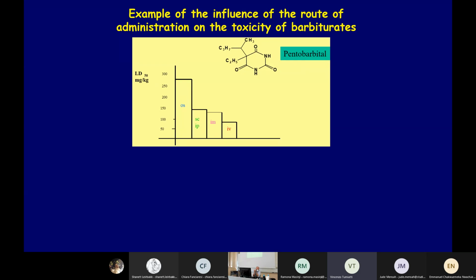Another problem related to this class is tolerance and physical dependence. This means that with tolerance, you have to increase the dose week by week if you want to have the same effect, because this class of compounds increases the enzymes activity.